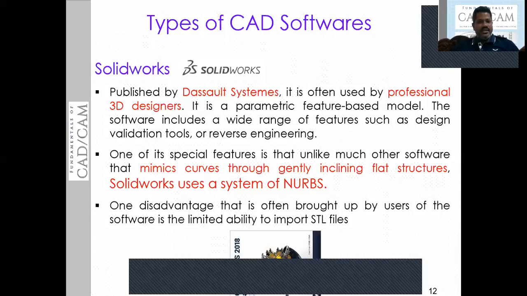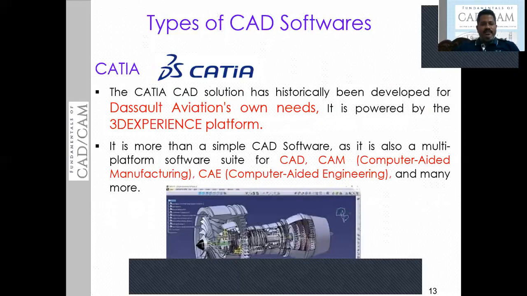This is basically developed by Dassault Systems, and it is used by 3D professionals. Then the CATIA CAD solution was historically developed for Dassault Aviation for their own needs. SolidWorks as well as CATIA is developed by the same company, but CATIA is developed for their own needs. It is powered by the 3D experience platform.